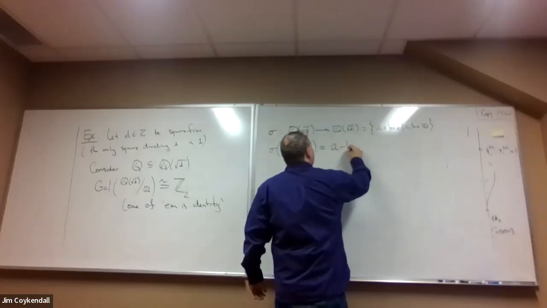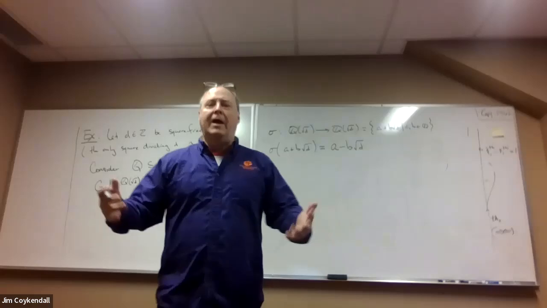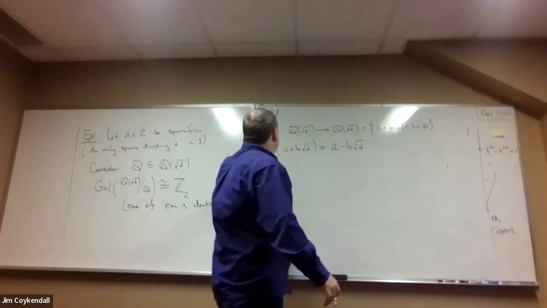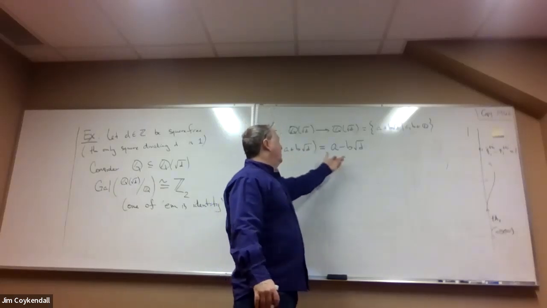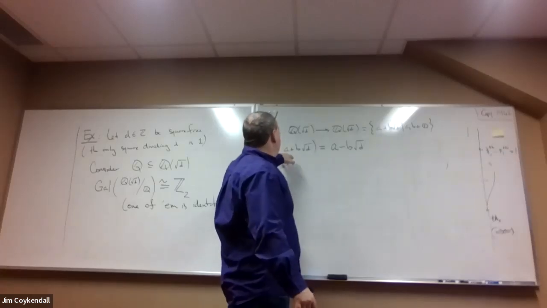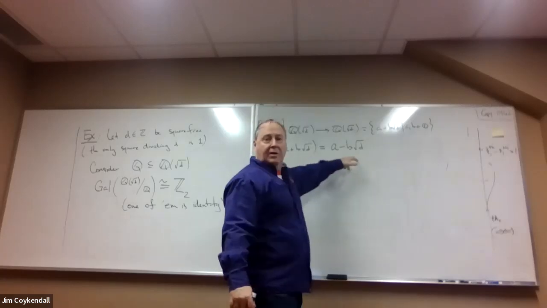That's right. This is just like the old high school thing where your teacher may have said, oh, look, rationalize this denominator or something like this. What your teacher was really doing was asking you to multiply something by its conjugate, so to speak, right? Notice it's easy to check, and I'll leave that as an exercise, that this is actually an automorphism.